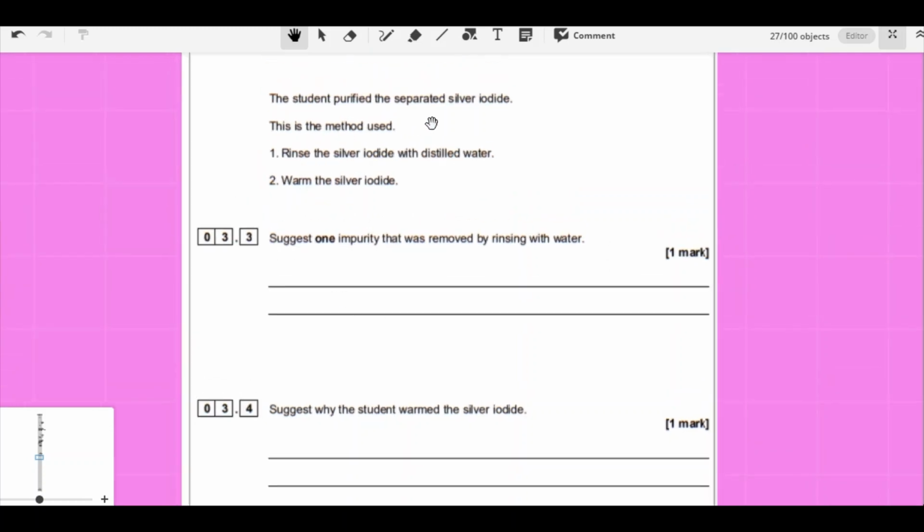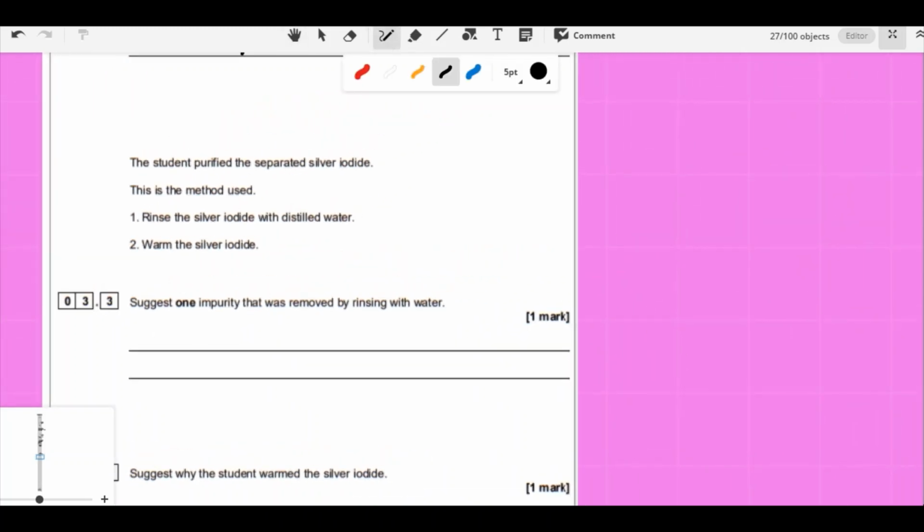The student purified the separated silver iodide. This is the method used: rinse the silver iodide with distilled water and warm the silver iodide. Suggest one impurity that was removed by the rinsing with water.